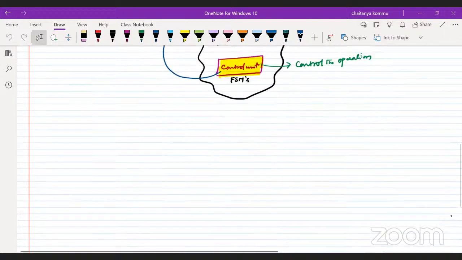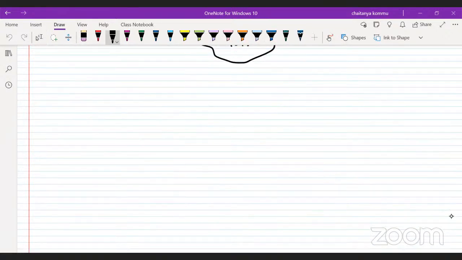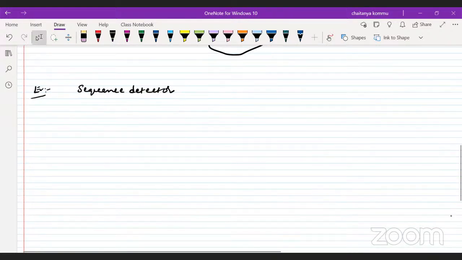For the time being, let us consider a sequential circuit, a sequential finite state machine. The usual example we would like to give is a sequence detector. This is one of the sequential circuits, and it can be represented by a finite number of states. Why has this name come into the picture?